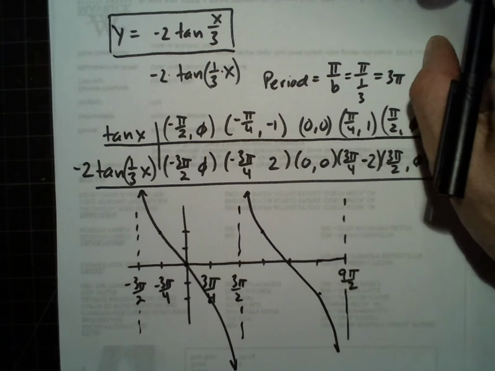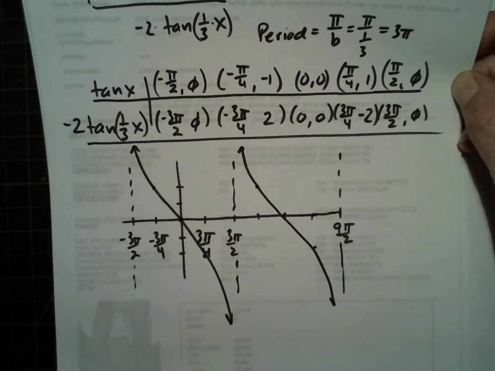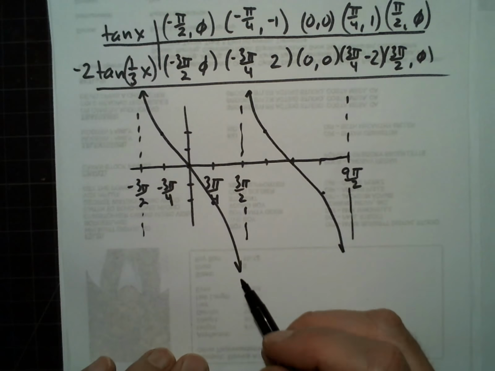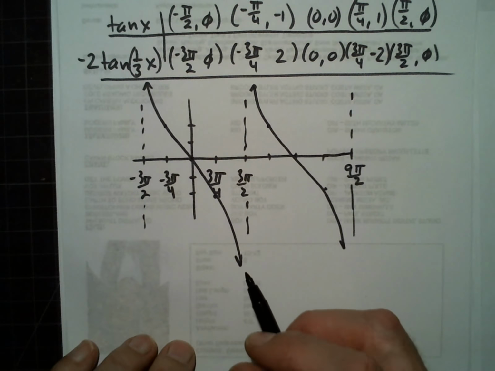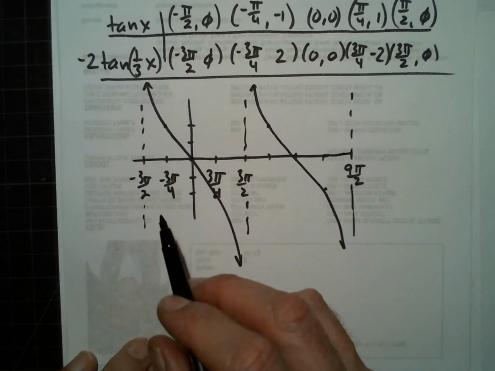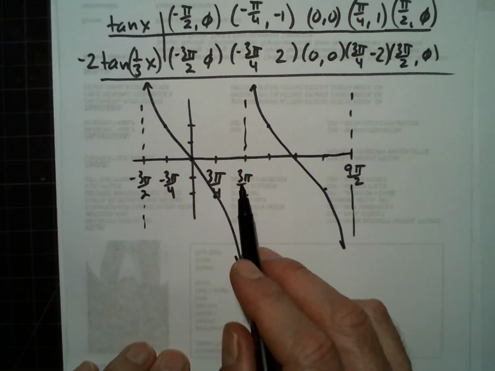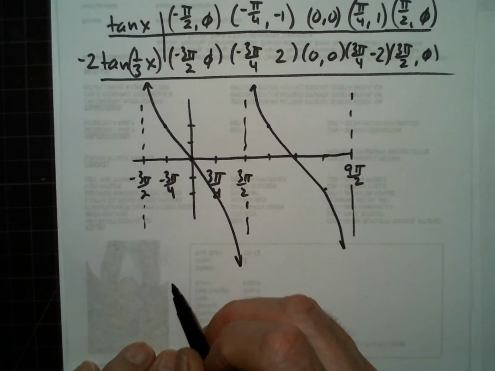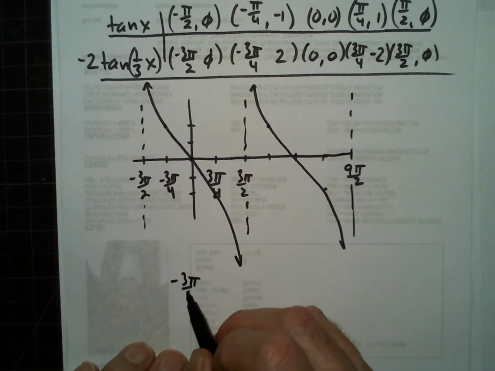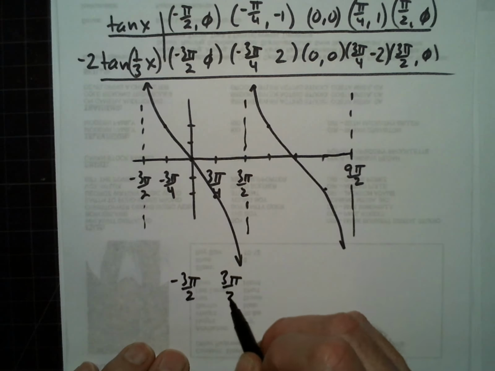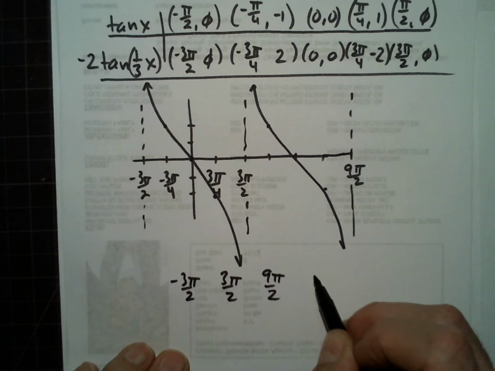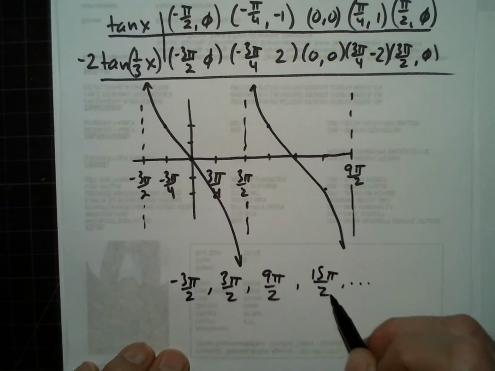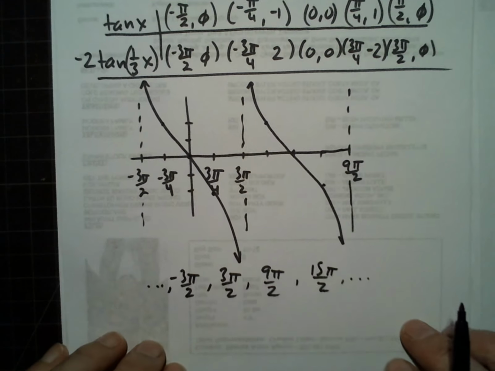A question in the book asked to find all the vertical asymptotes. So this is a little tricky. If there's a vertical asymptote here, here, here, we're going to add 6, add 6, add 6. If we have -3 pi over 2, 3 pi over 2, 9 pi over 2, 15 pi over 2, these are where the vertical asymptotes occur.